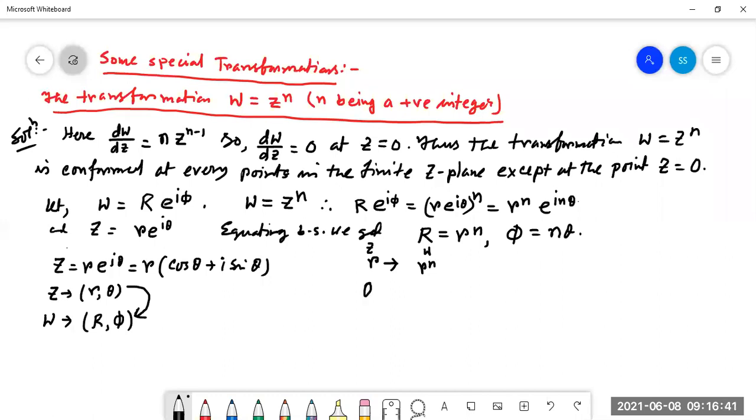In the Z plane it was theta; when it comes into the W plane, then it becomes n theta, isn't it? Is there any problem? Please tell me. It is the basic thing of our conformal mapping. If you do not understand this one, then you cannot perform the next thing.